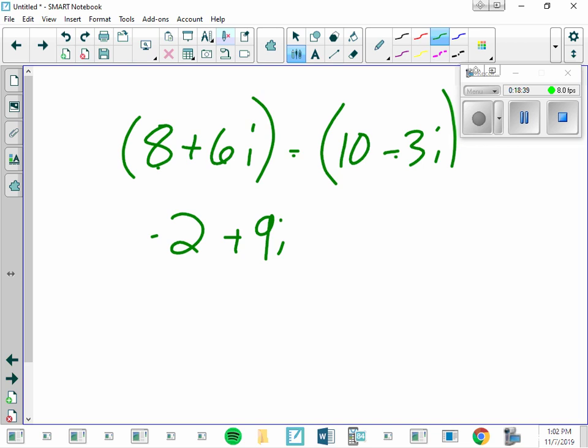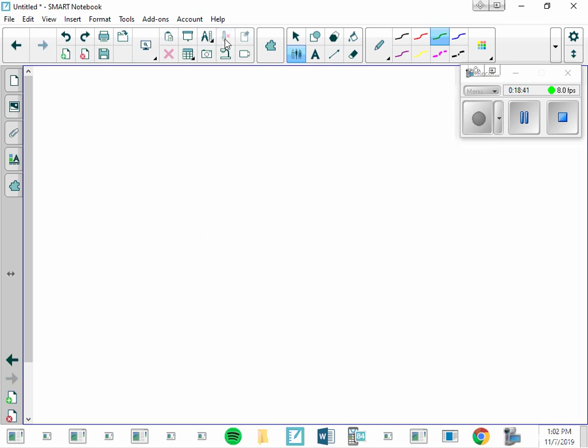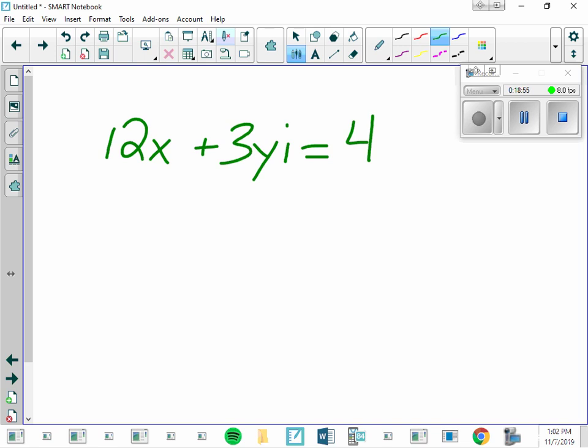Okay, here's the other part. If I had an equation that said 12x plus 3yi is equal to 4 minus 6i. This looks really complicated, right? But we can't mix our x's and our y's. They're different fruit.